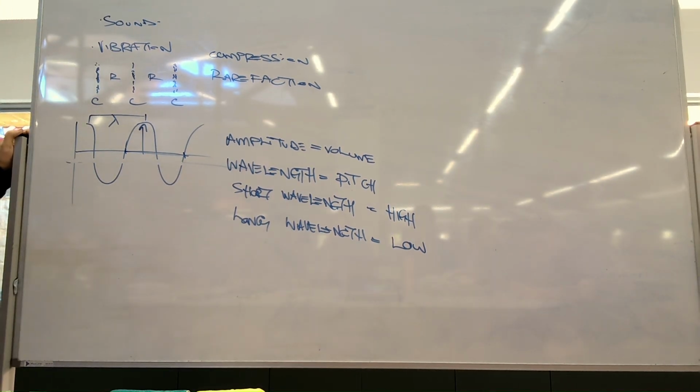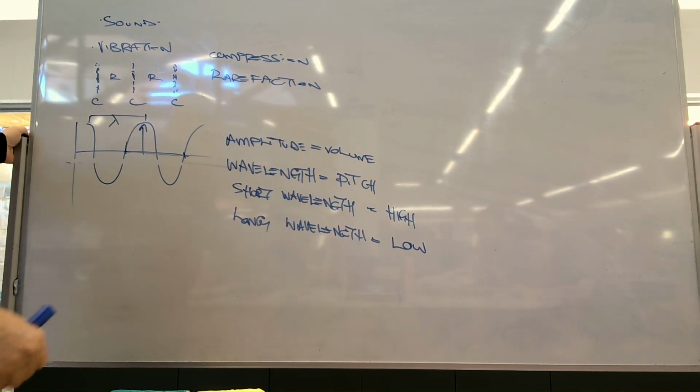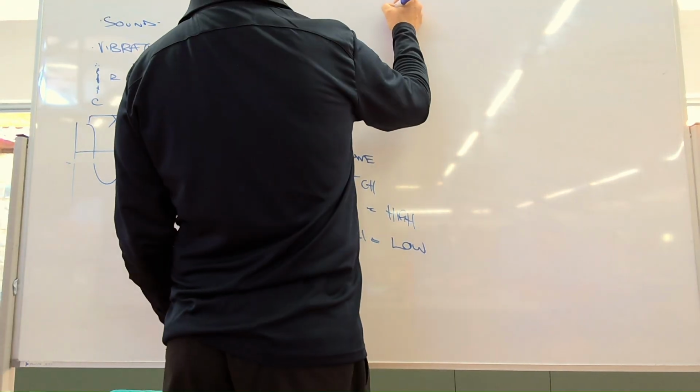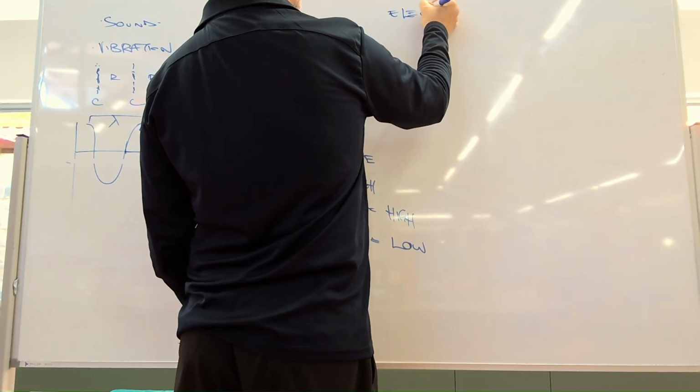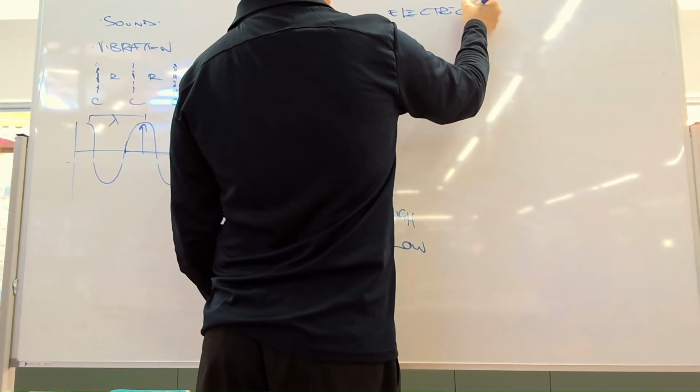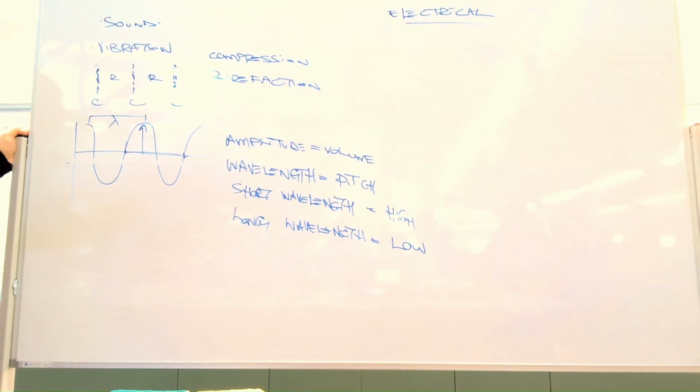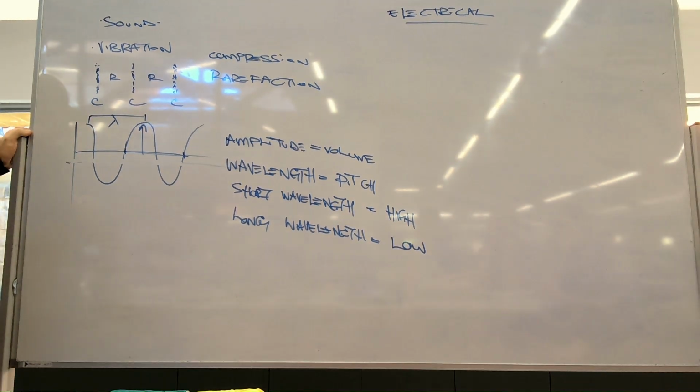It's just one complete wave, the length of a wave. All right. Then we'll get on to electrical. Yes, wavelength is the length of a wave. The longer it is, the less you get per second.